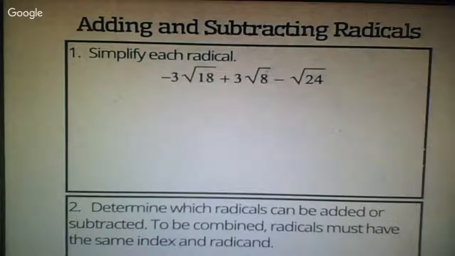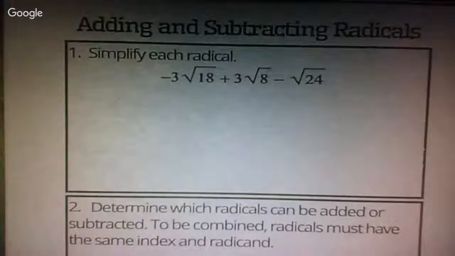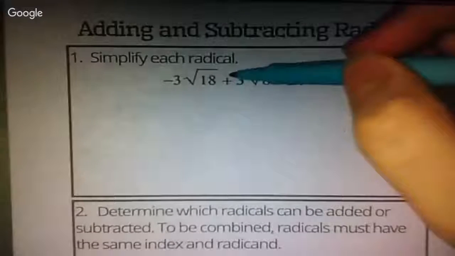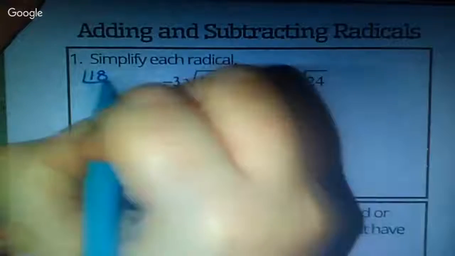Okay. So in order for us to do that from here, I need to simplify each radical first. Okay. So that's where this becomes long and difficult. So I need to simplify 18 before I can do anything. So we need to break it down.